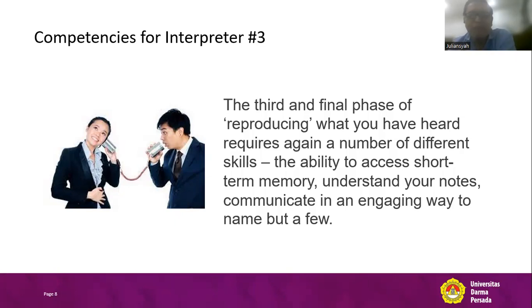Okay, yeah. So what do you understand about this? The third and final phase of reproducing what you have heard, again, a number of different skills. Reproduce something you have heard.